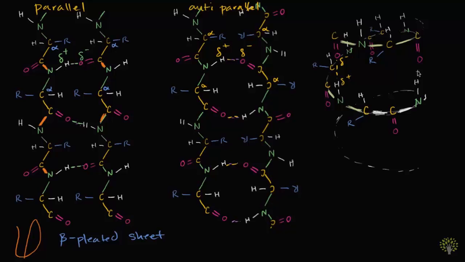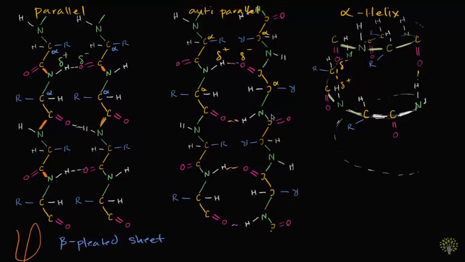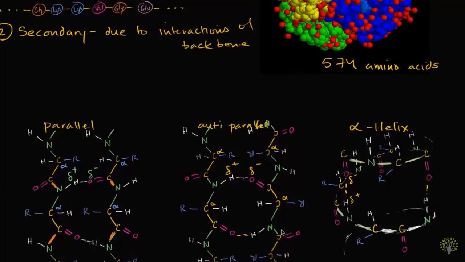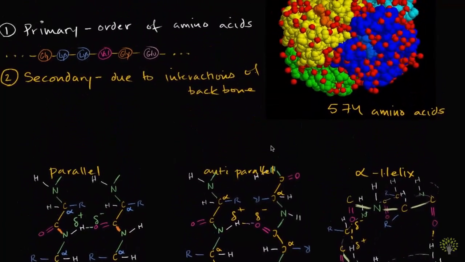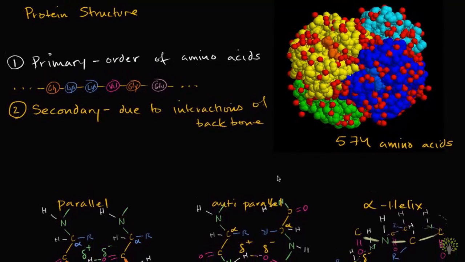So I have a hydrogen bond. I could have a hydrogen bond over here. And so that's what gives this a helical structure. And we would call this an alpha helix. So these interactions between the peptide backbone, that's the secondary structure. That's the secondary structure of a protein.